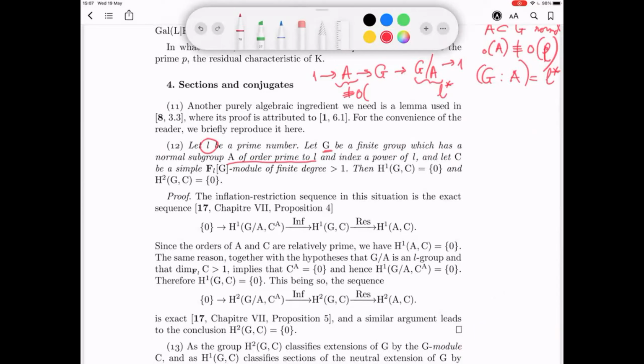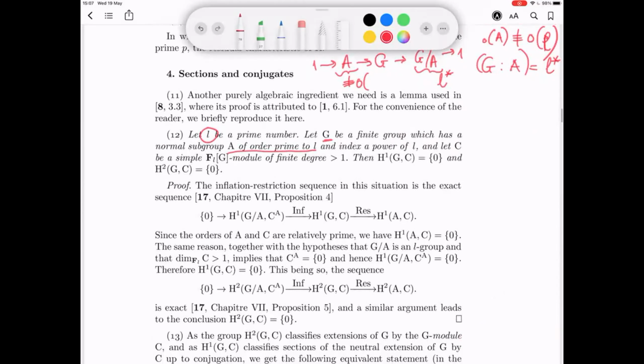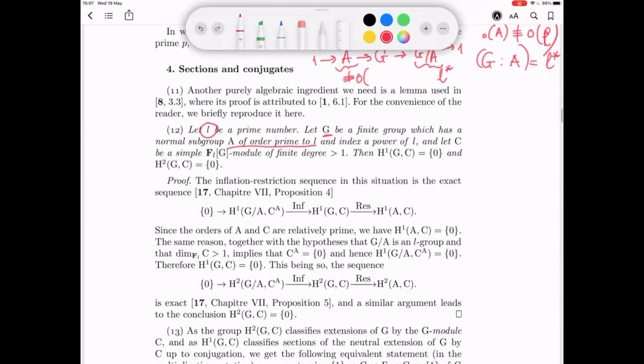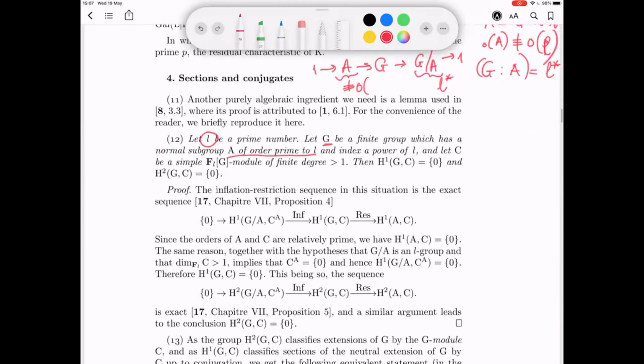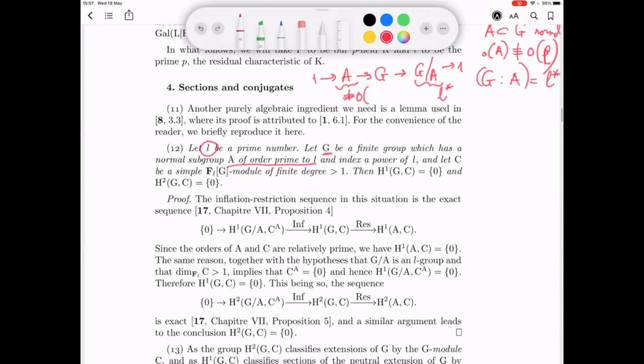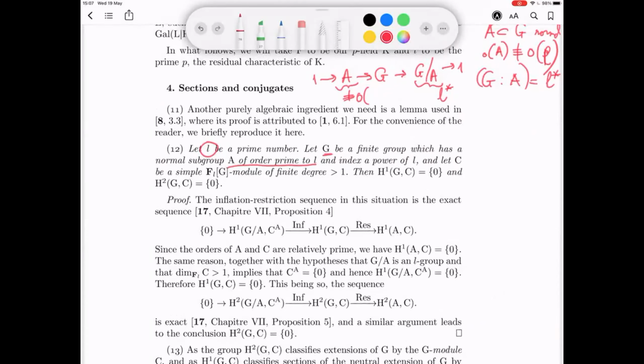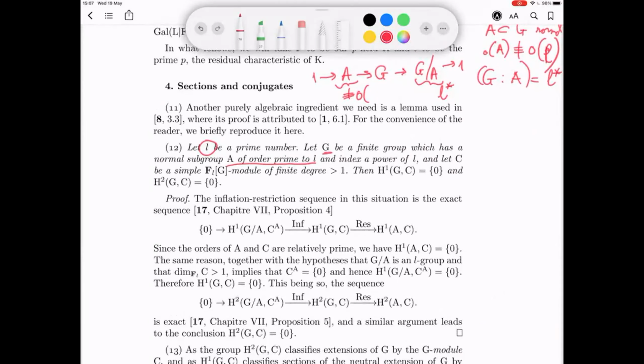Wait a moment. Is the hypothesis satisfied, in fact? No, it's not satisfied.